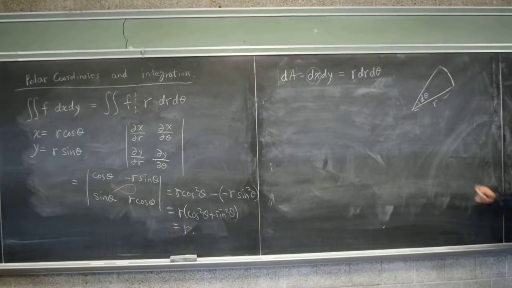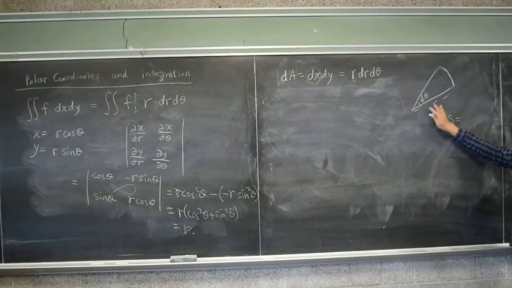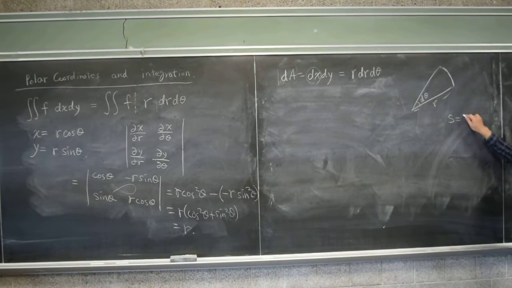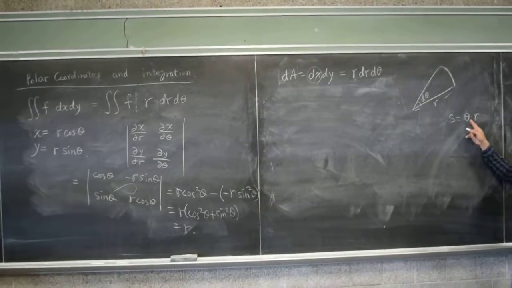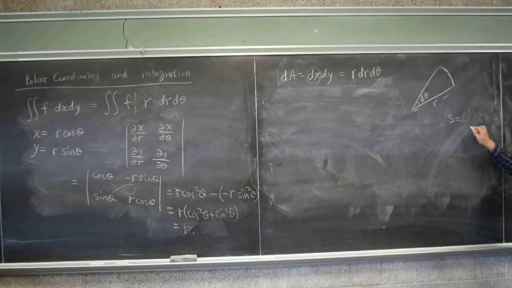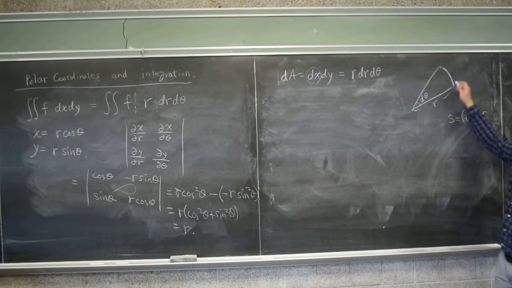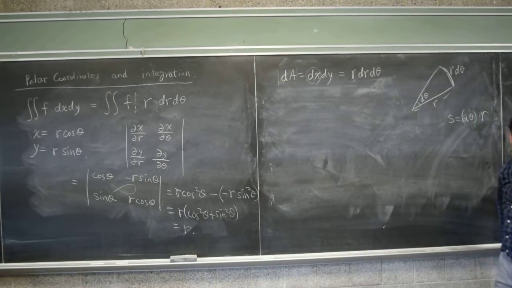So using the arc length formula, that arc length is the radius times the central angle. Then, because in this context, the central angle is denoted as d theta, not theta, it's d theta times r, and therefore this length is r times d theta. That's this length.